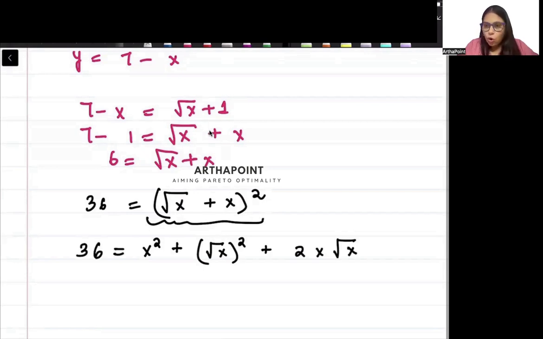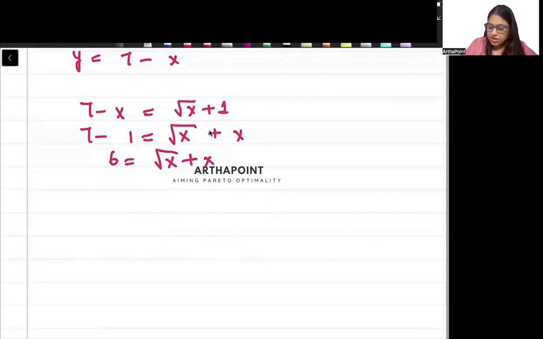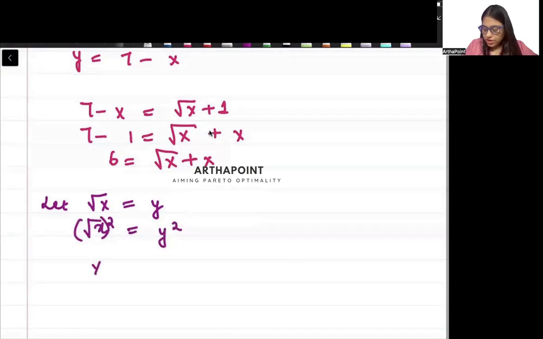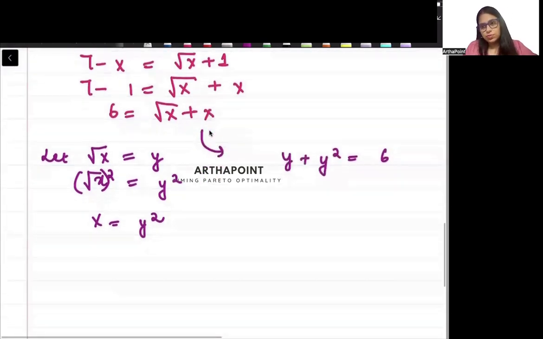Alternatively, if this looks a little difficult, what you can do is let root x be y. So root x whole square will be y square. So x will be equal to y square. And you can just rewrite this thing. y plus y square is equal to 6. Read it like this. Okay.